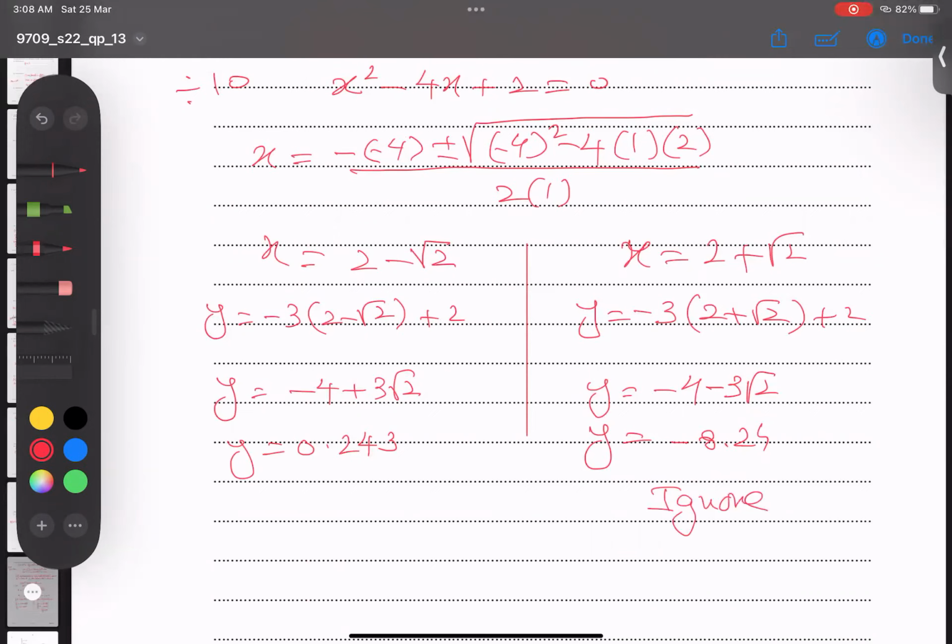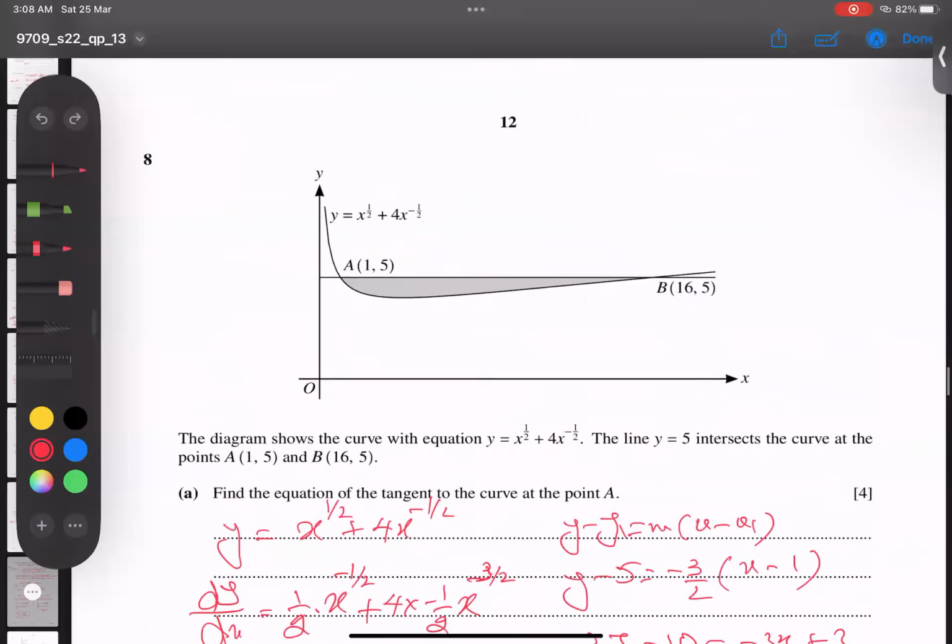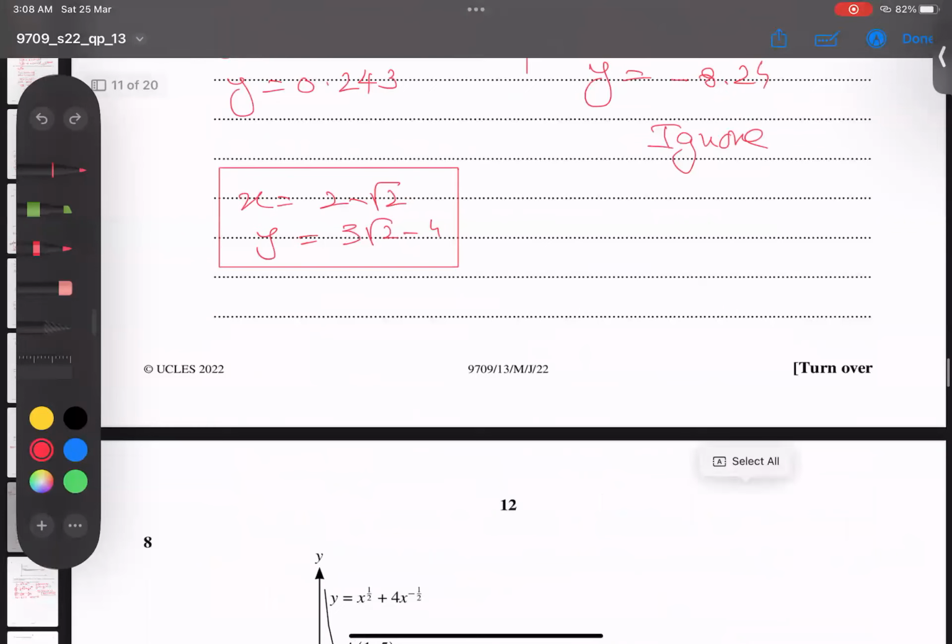So my answers are: X value is 2 minus root 2 and Y value is 3 root 2 minus 4, or I can write the same form as I have here. Alhamdulillah, I hope the point is clear. Let's go to question number 8.